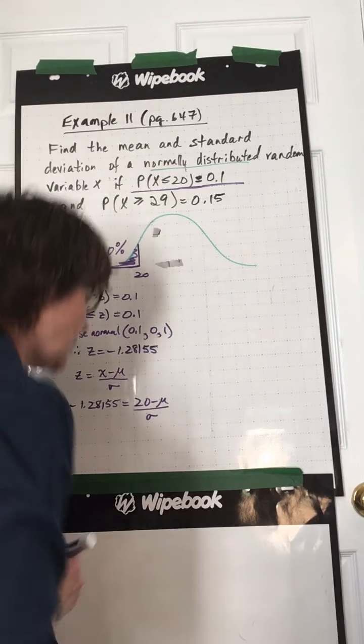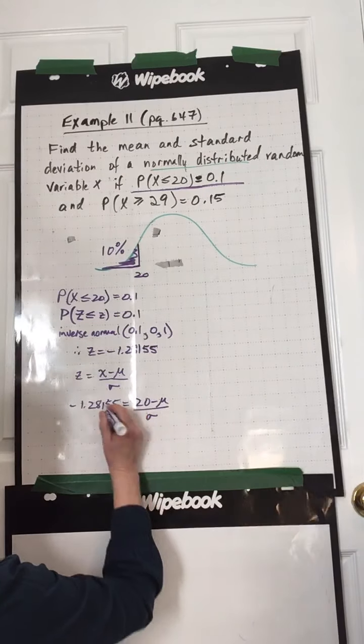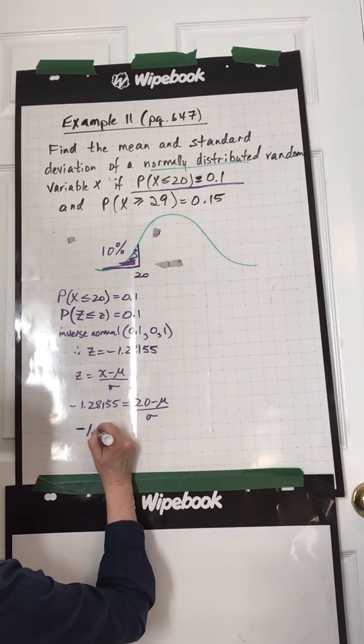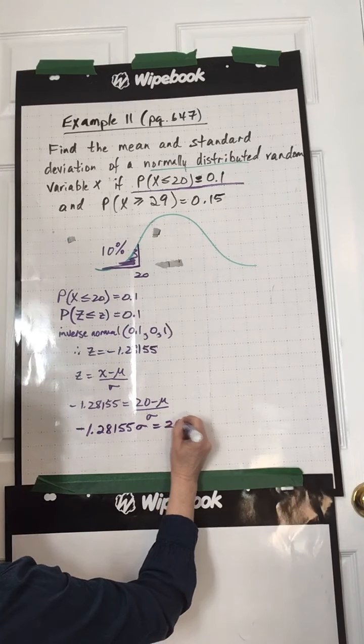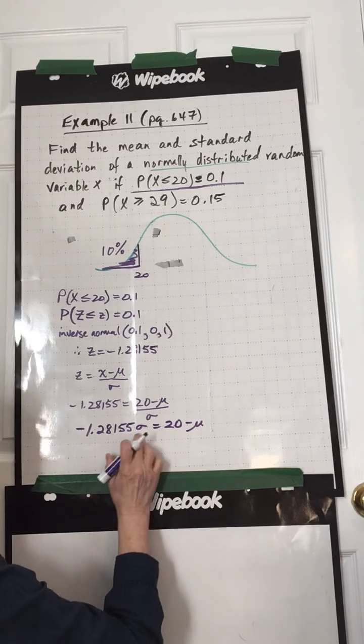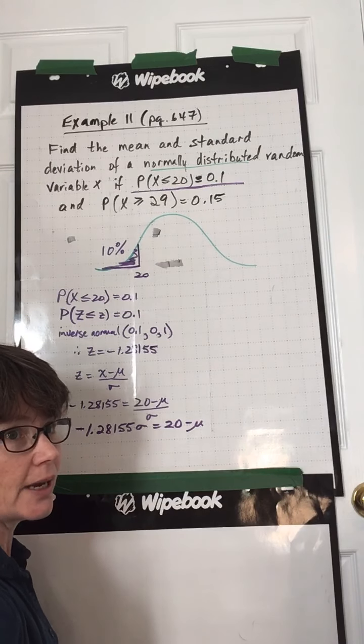So let's put that in an easier form to deal with: negative 1.28155 sigma equals 20 subtract mu.